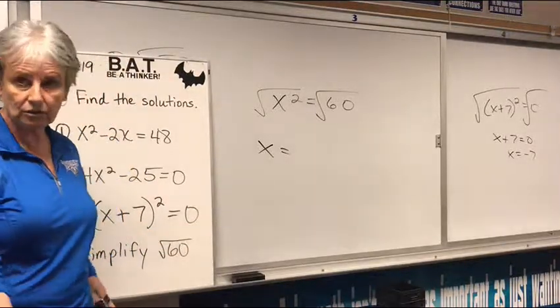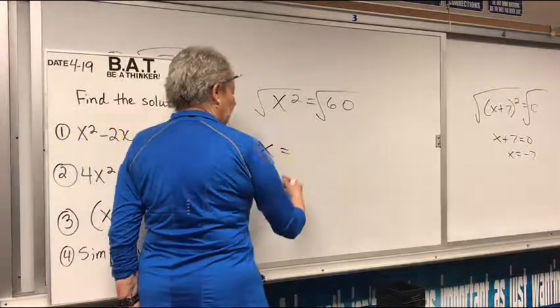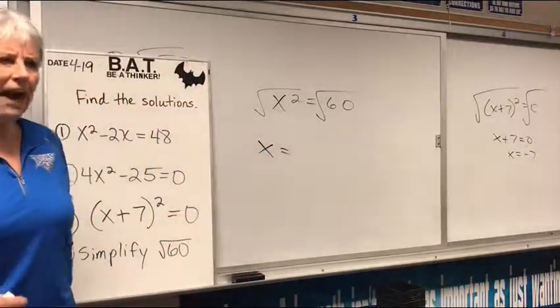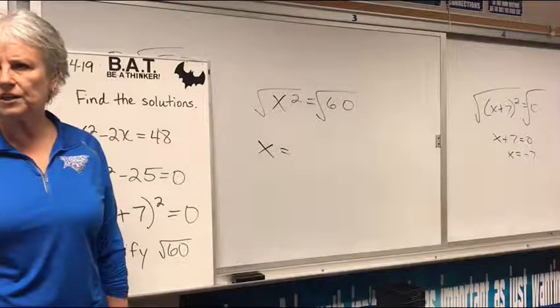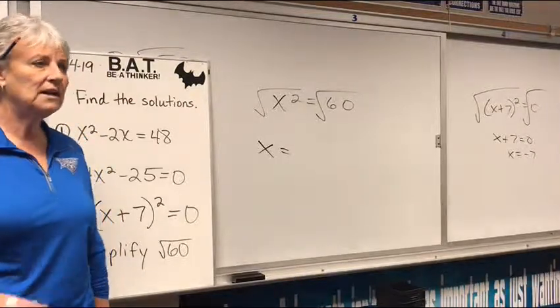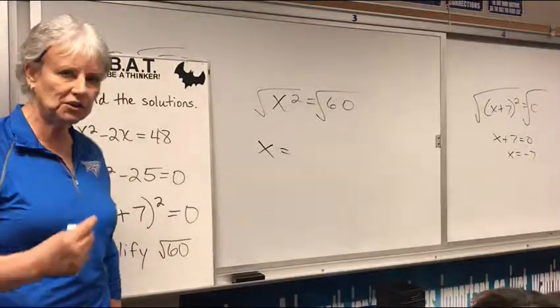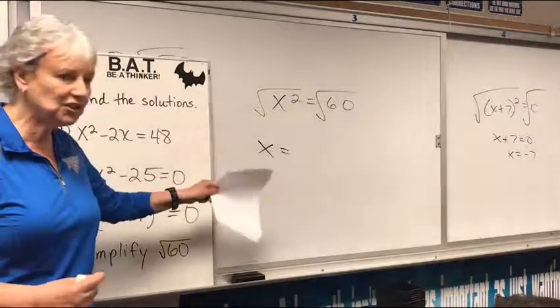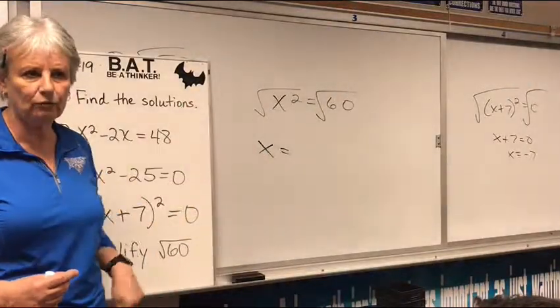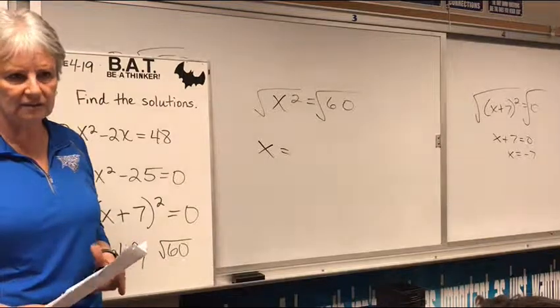You don't need to. If I tell you to give the answer in simplest radical form, it's not on your homework tonight, but next week you're going to learn the quadratic formula and you're going to be answering in simplest radical form. So I thought it was time we reviewed it.